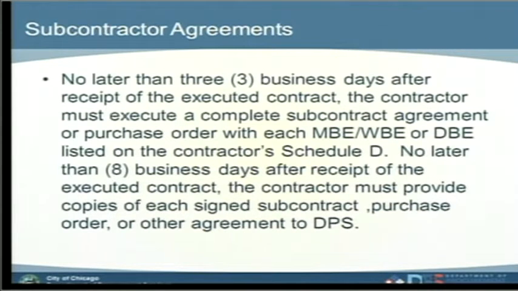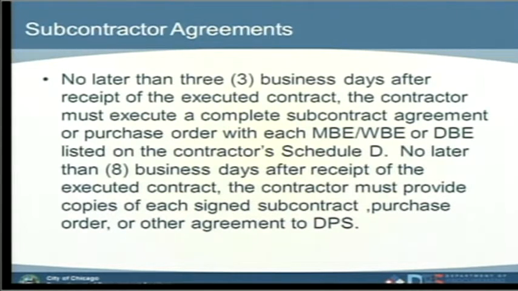Subcontractor agreements. Those are kind of like the Bible between the prime and the sub. No later than 3 business days after the prime has received a copy of the executed contract from the city, the prime must execute, and that is always a good idea, a subcontract agreement, a purchase order, or an agreement with each one of its M, Ws, or Ds that are listed on the Schedule D, which is the compliance plan.